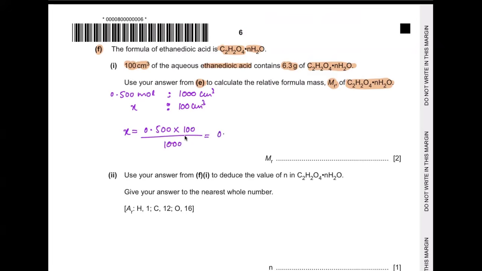So isn't it 0.05 moles in 100 centimeter cube? Till here, is this clear? Yes, sir. Okay. So these are the moles in 100 centimeter cube, and these are the grams in 100 centimeter cube. So it means that 0.05 mole is 6.3 grams, isn't it?